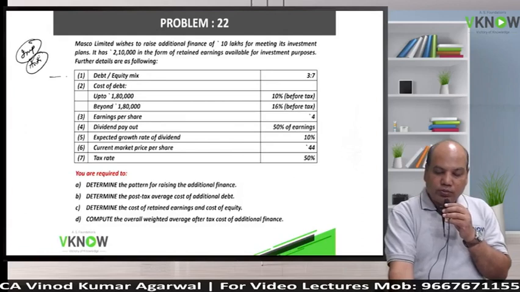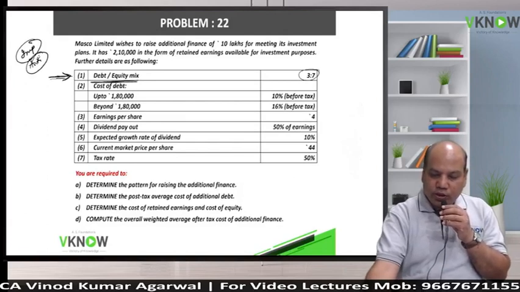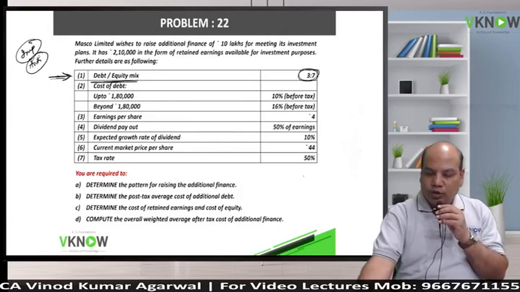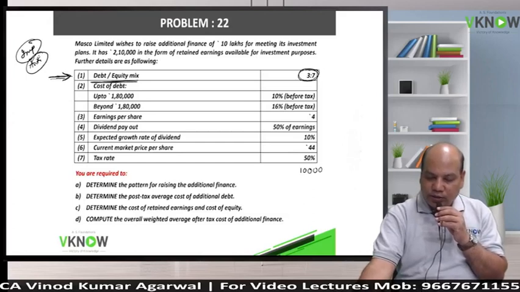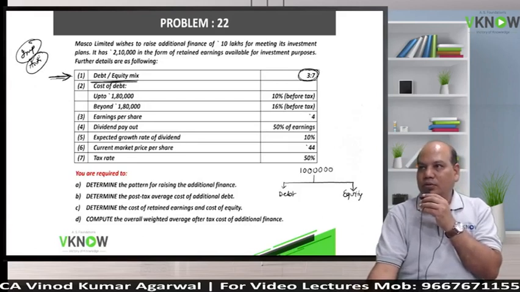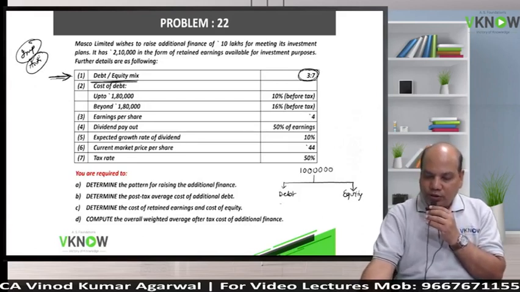And what is the policy of this company? That debt equity mix should be in the ratio of 3:7. So for every project they will undertake, they will use debt and equity. So for this company, 3:7 is the strategy or the policy. So debt should be 3 lakh and equity should be 7 lakh.